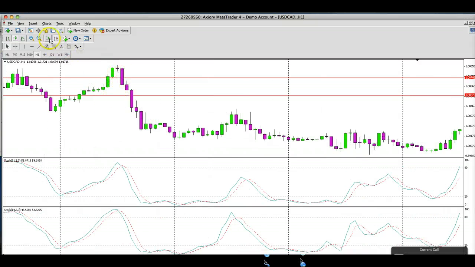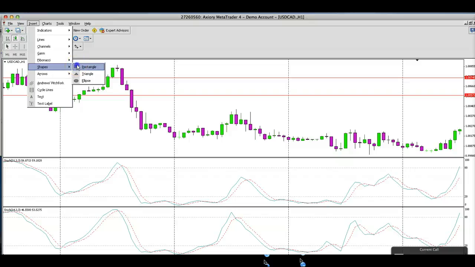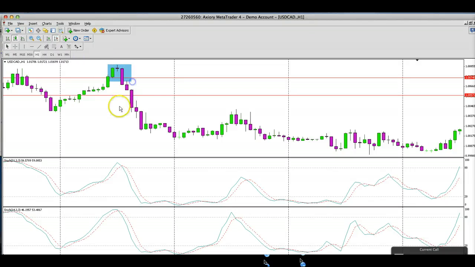Okay, then we have what is called this evening star pattern. Are you familiar with the evening star? One candle goes up, and then we have like this doji, like this spinning top. See how it sticks out, and then the next one goes the opposite direction. Okay, this 3 candle pattern is called an evening star. This is a reversal pattern.